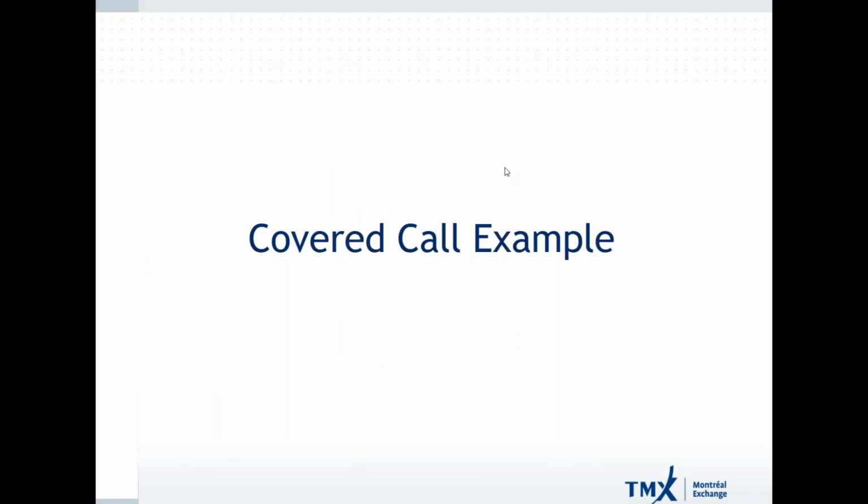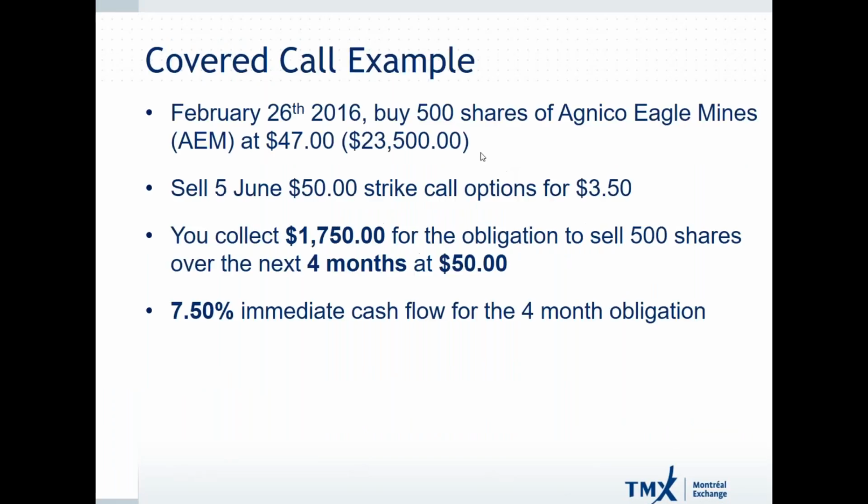So let's look at an example. This is one from a little while back that just demonstrates the effectiveness of the strategy. Back in February, we were looking at Agnico Eagle, AEM, as a buying opportunity at that point in time. The shares were trading around $47, so you could buy 500 shares and put up about $23,500 worth of capital.